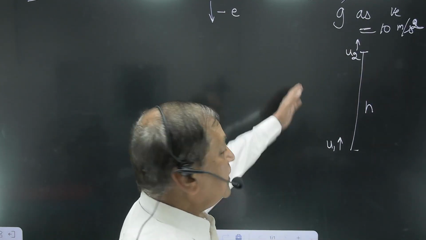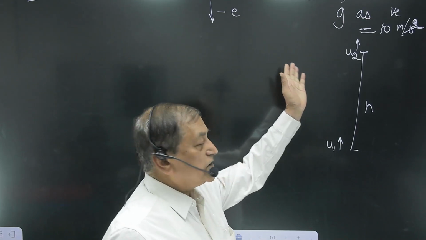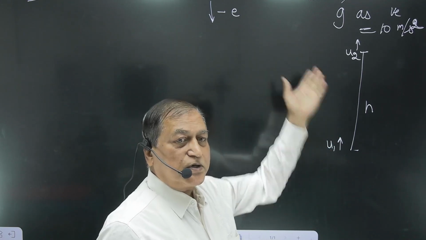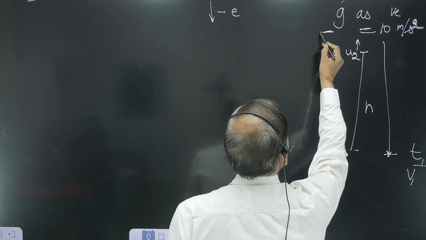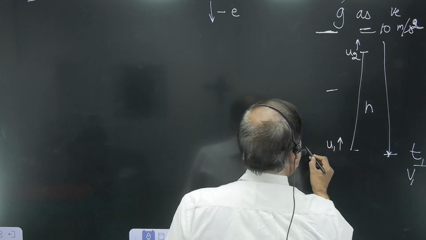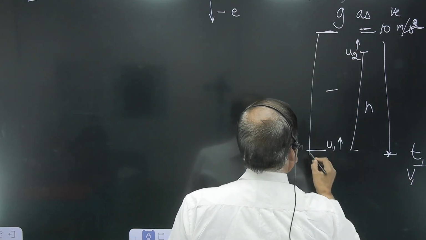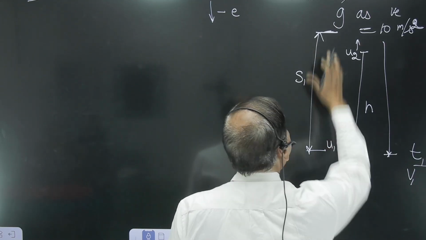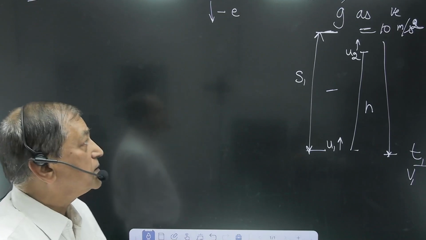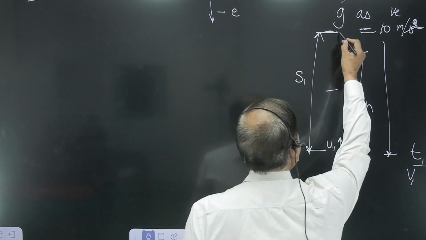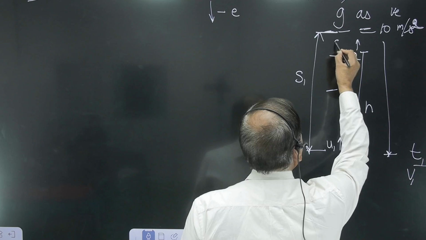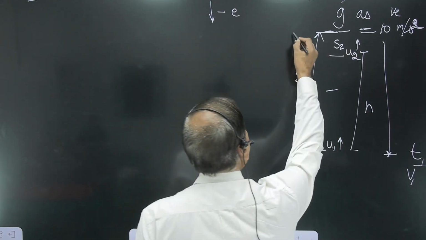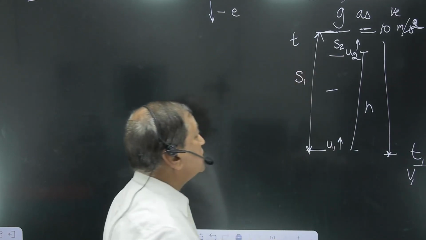So at what time, at what distance, and with what velocities will they cross? Suppose they meet here at time T. This u1 body travels S1, and the u2 body travels S2 in time T.